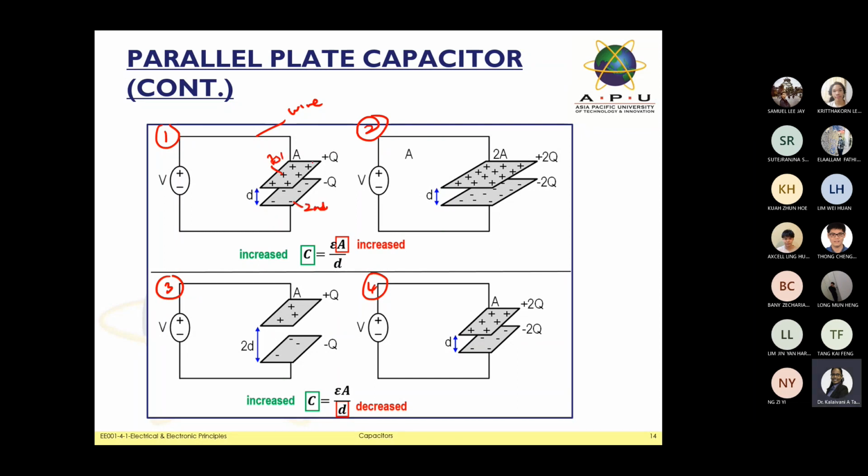The first plate has positive charge, and the second plate consists of negative ions. Between these two plates we have D, which means the distance between the first plate and the second plate. Q means the charge, related to the positive charge and the negative charge.